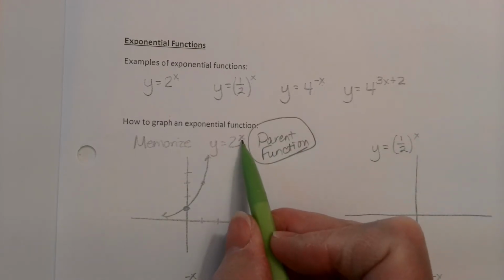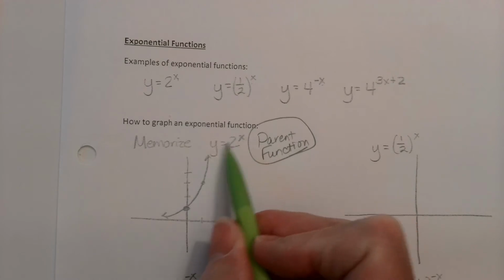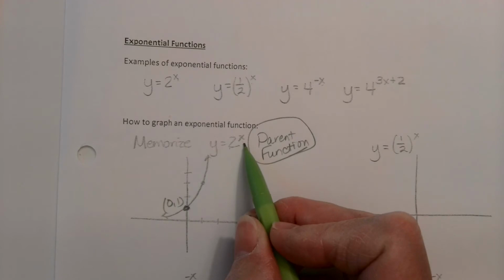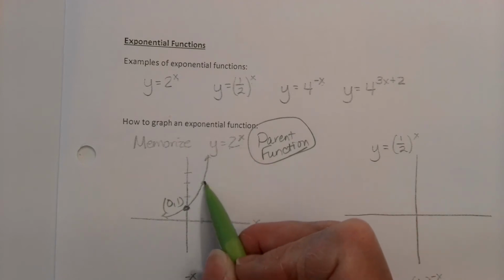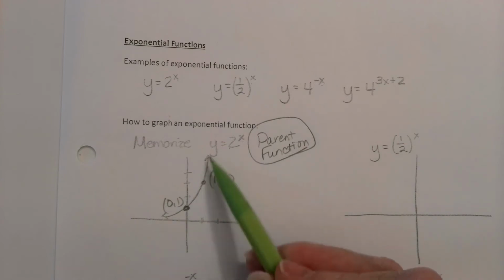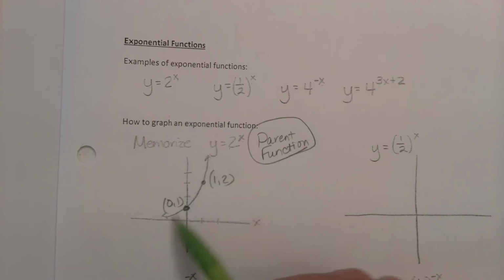And if you put a 0 here, 2 to the 0 is 1, so 0, 1. If you put a 1 here, you get a 2, 1, 2. If you just memorize, it basically looks this way. You can figure out those 2 points and draw it. This will never cross over this axis.